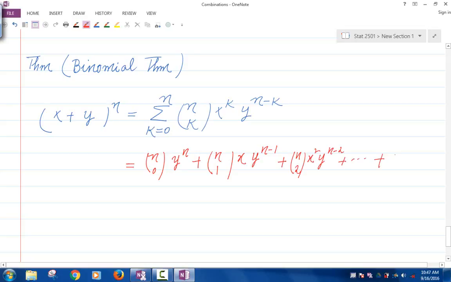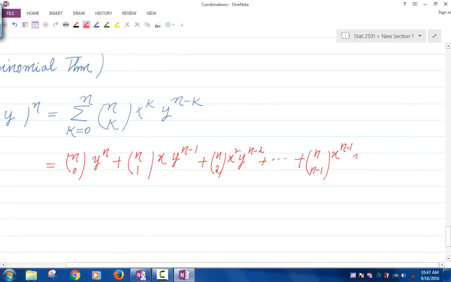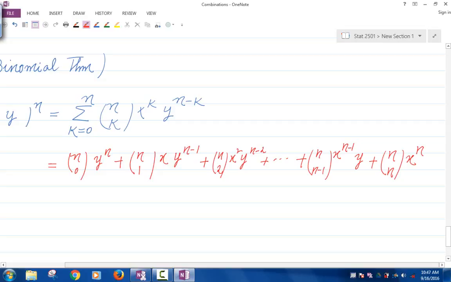And what's the second last term? It will be n choose n minus 1 times x to the n minus 1, y to the 1. Plus the last one would be n choose n. n choose n is 1 again, and then this would be x to the n. Okay, so that's what that sum is.